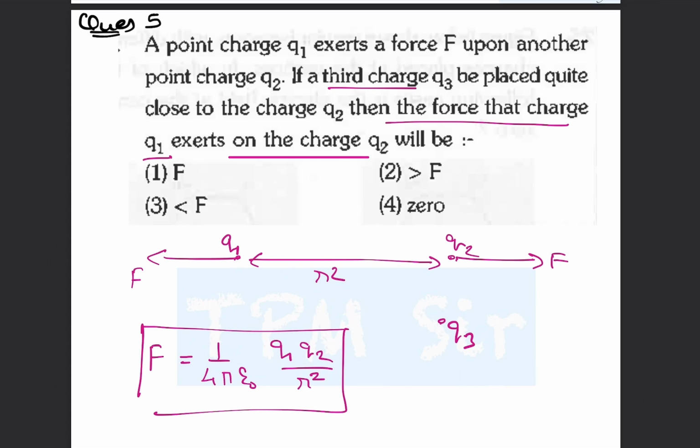Are you seeing Q3 in this formula? This is Coulomb's law. If you accept what Coulomb's law is telling us, then you must not have any doubt and say that the answer will be F. It doesn't matter if Q3 comes or Q4 comes or Q5 comes or 1,000 charges come, the force that Q1 exerts on Q2 will remain the same, and that will be F.